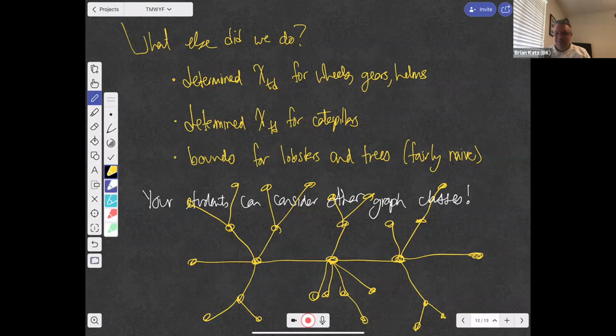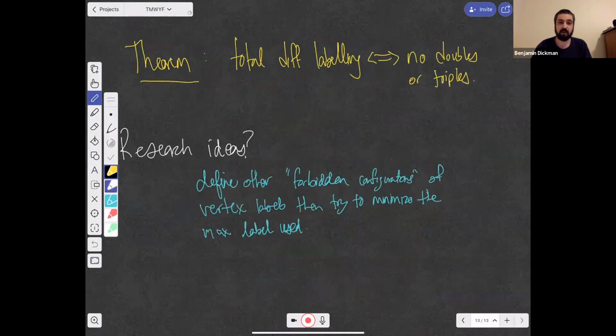Benjamin, did you want to explain what you were thinking about that you call balloons that turned out to be dragons? When I looked at the Graceful labeling Wiki page a long time ago, the picture there is like a cycle with a bunch of edges coming off. So I was like, okay, I'll just call them balloons and everyone will know what I mean. And when I started to Google aggressively, people call them dragons, people call them canoe paddles, people call them tadpoles.